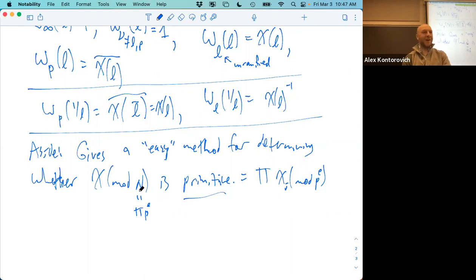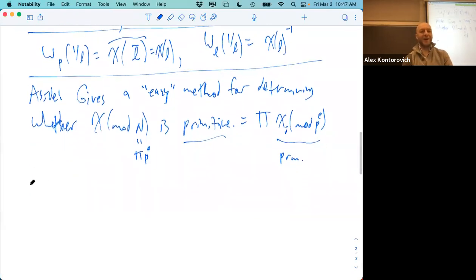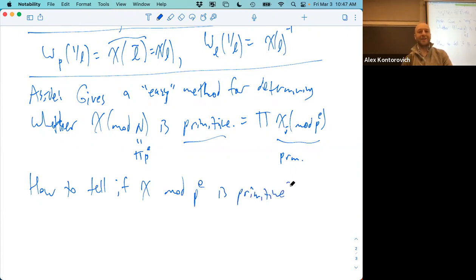So how do you tell if chi mod p to the e is primitive, just by looking at its values?